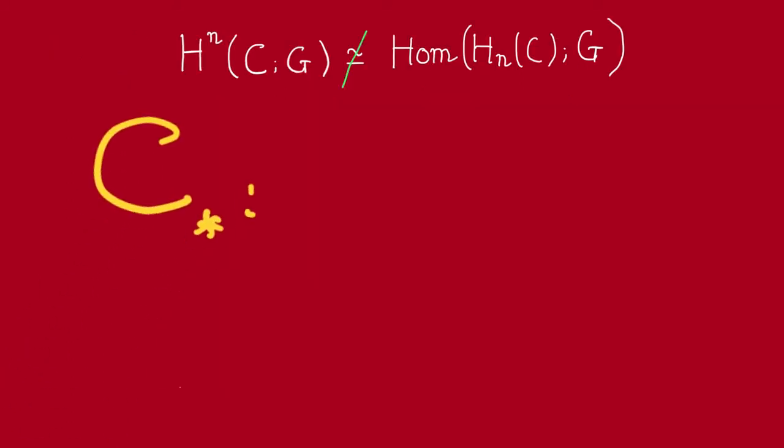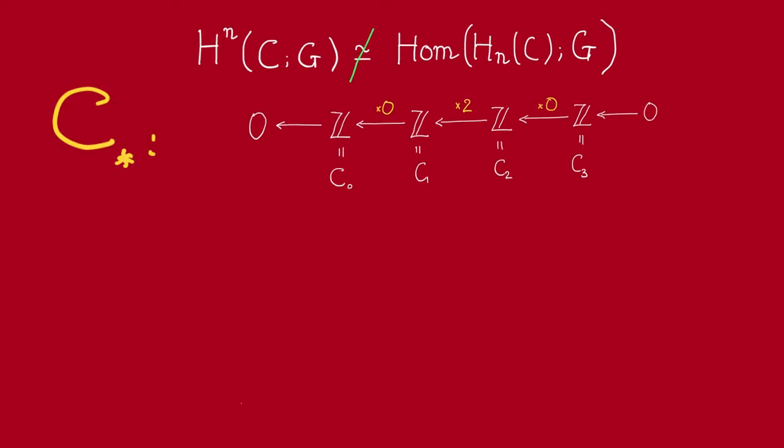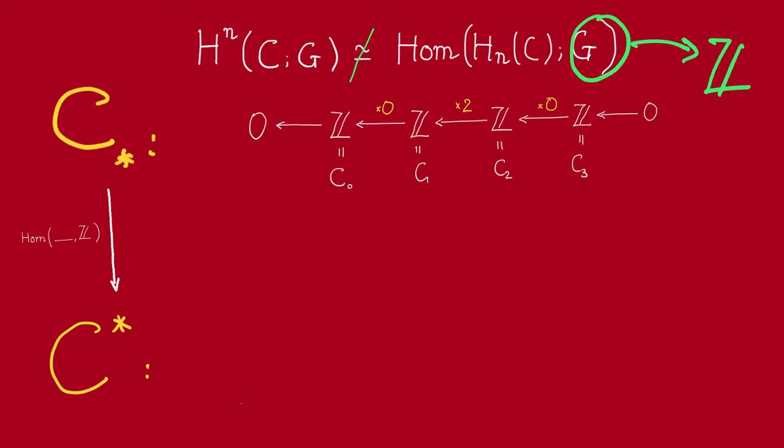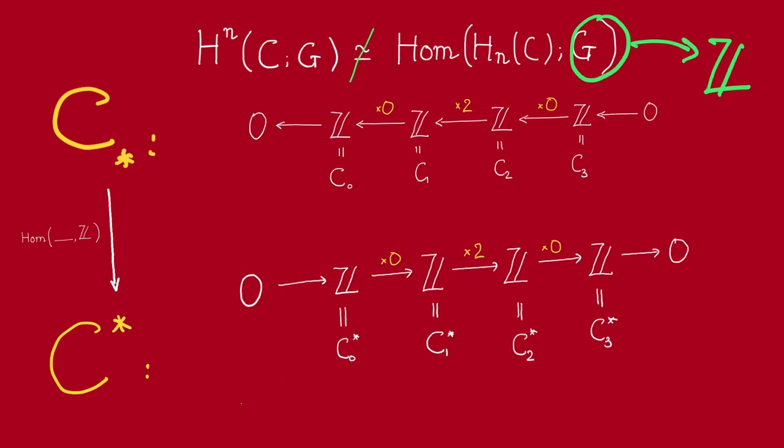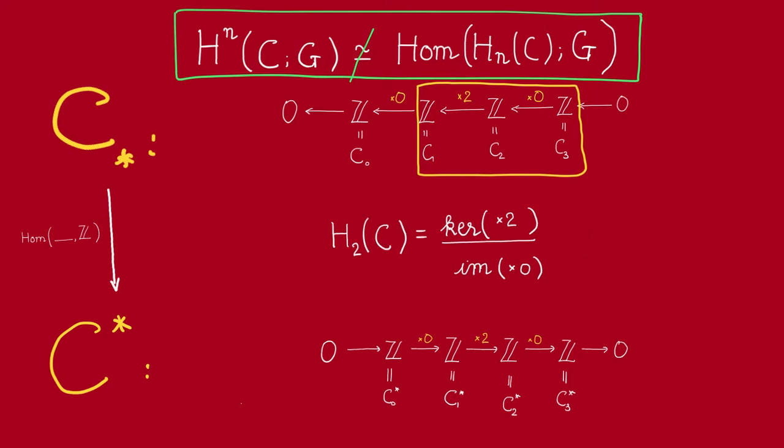To see how this might fail, let's have a look at the following chain complex. Now, let's take its dual by applying the following functor. That is, here we're taking G to be Z. Observe that Hom(Z, Z) is just Z. So we have the following dual cochain complex. Let's check that this does not hold for n equals 2. Let's compute the homology groups of the two cycles.